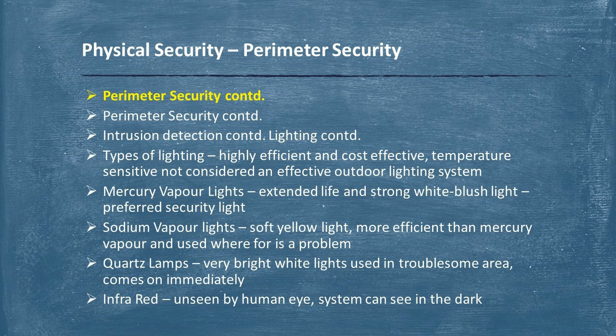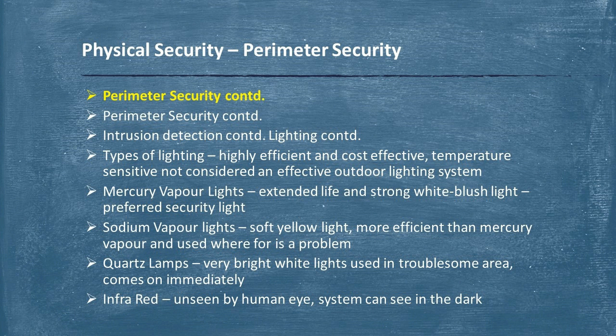There are different types of lighting. Fluorescent lighting is highly efficient, cost effective, and temperature sensitive; it is not considered effective outdoor lighting, but it is for indoor. So all these considerations must be weighed before putting it in place. Mercury vapor light has extended life, but some of them are obsolete now. Mercury vapor lights are no longer being used, I think.